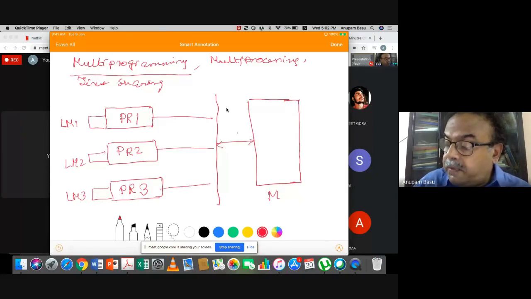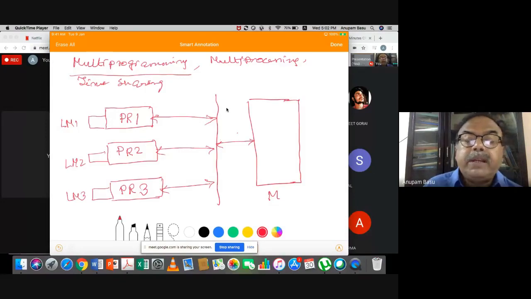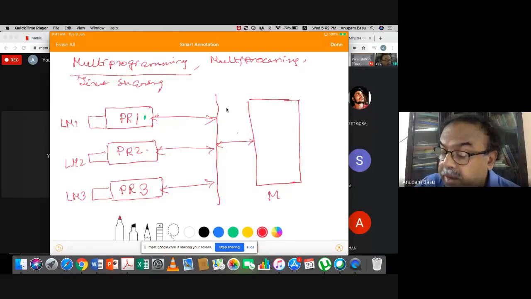Obviously, when more than one are trying to communicate, we need some sort of arbitration mechanism over this bus, allowing anyone. So at any point of time in this architecture, what can happen? It's possible that in one processor the green is running, in one the red is running, and in one the blue is running. In the memory, all these are loaded.